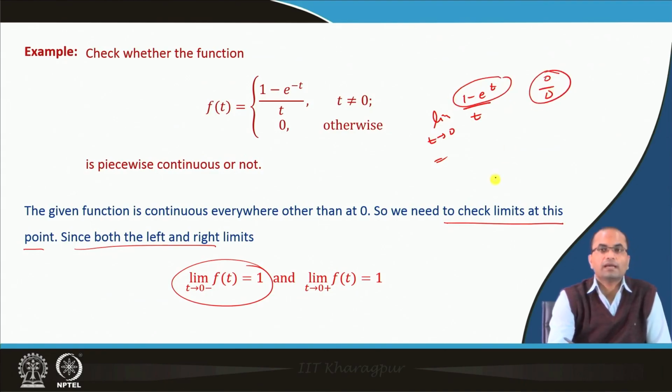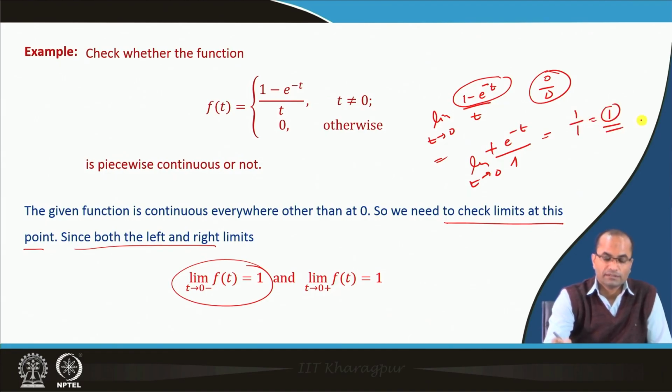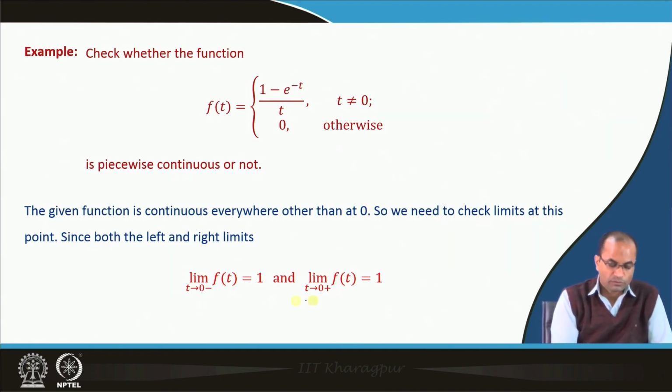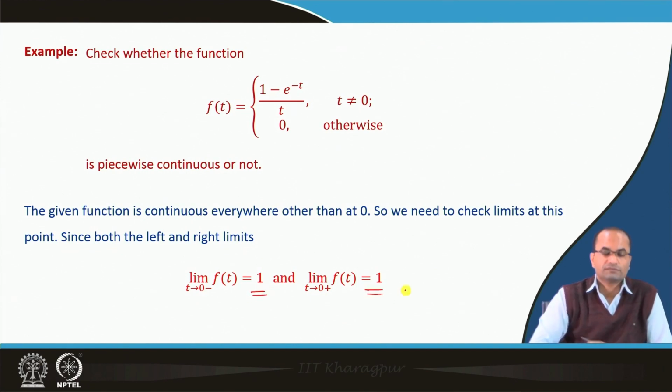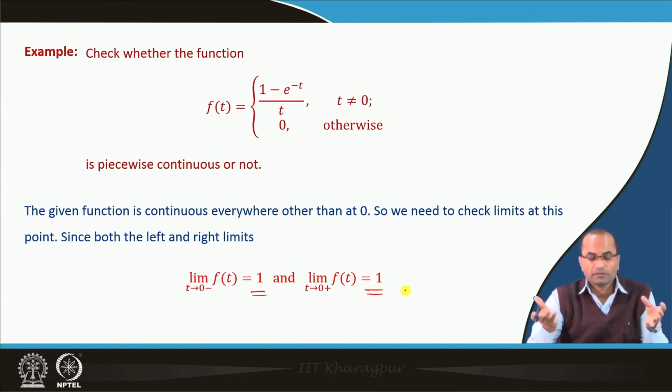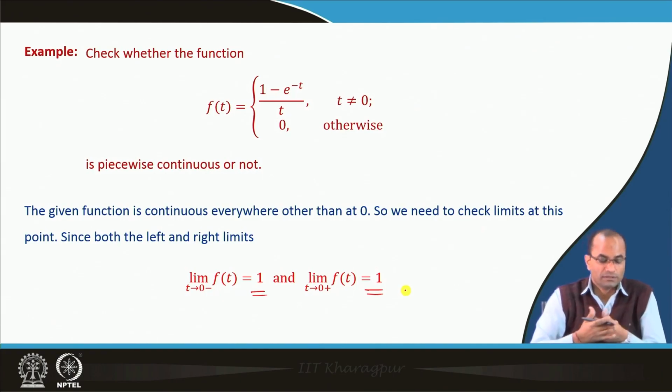So, we can use L'Hopital's rule, which gives minus with plus, so e to the power minus t over 1, and then t goes to 0. So, this is e to the 0, which is 1, so 1 over 1, then we have 1. So, the limit from both ends is 1, a finite limit, and at all other points there is no problem. So, this function is obviously piecewise continuous on the whole real axis.